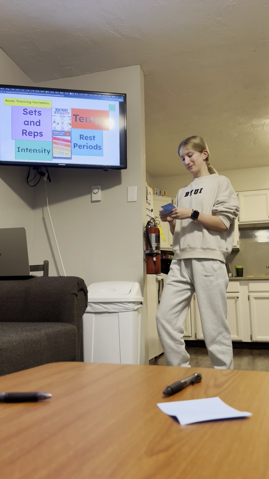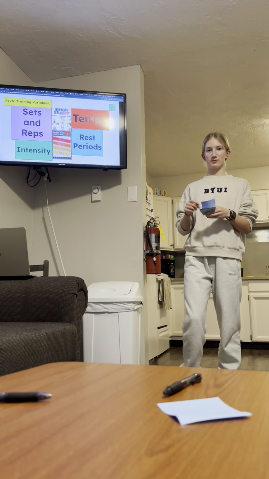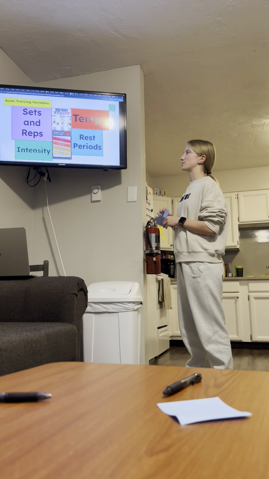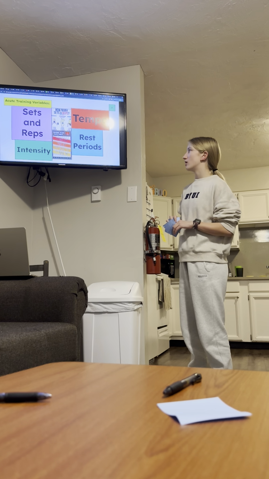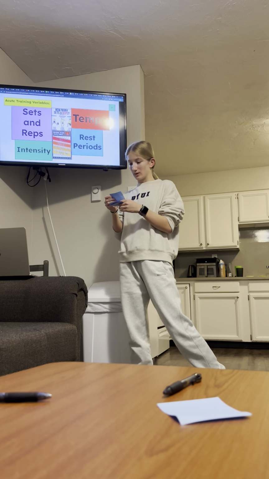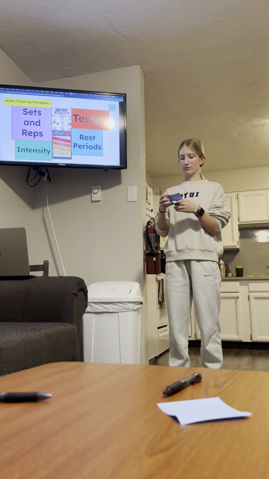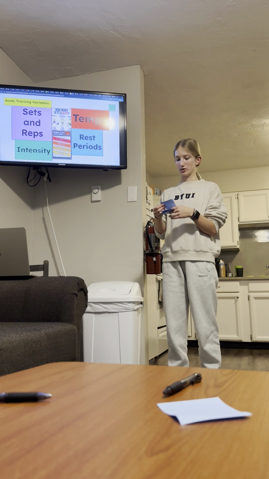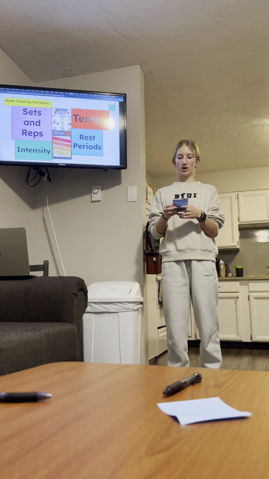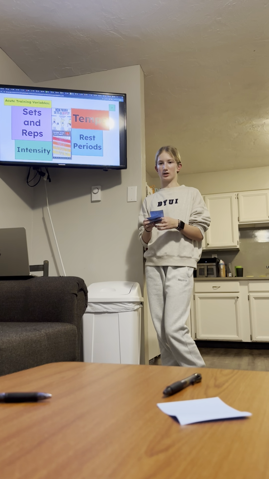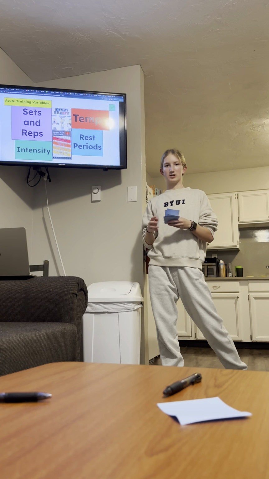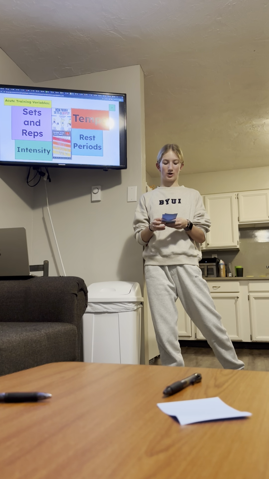And then rest periods. Depending on the intensity and the exercises you're doing, the rest periods are going to be different. It's just the duration of rest between sets and exercises. Shorter rest periods, maybe a minute long, are used for endurance and hypertrophy work, where the lighter intensity lets you rest for a shorter time before going back.